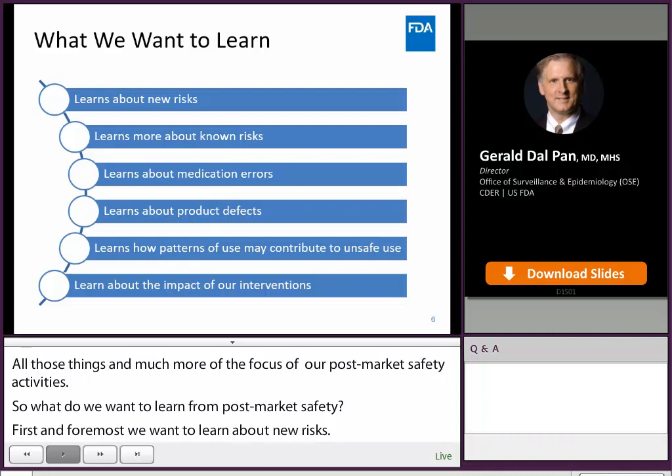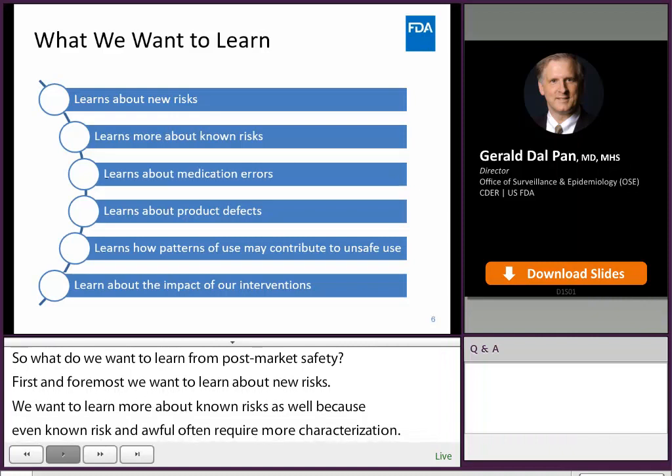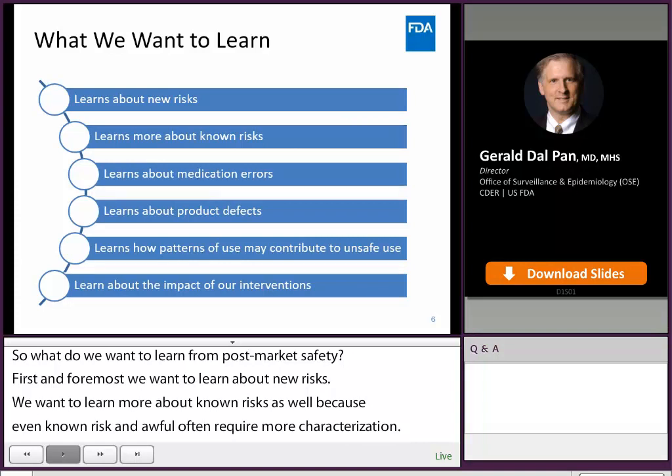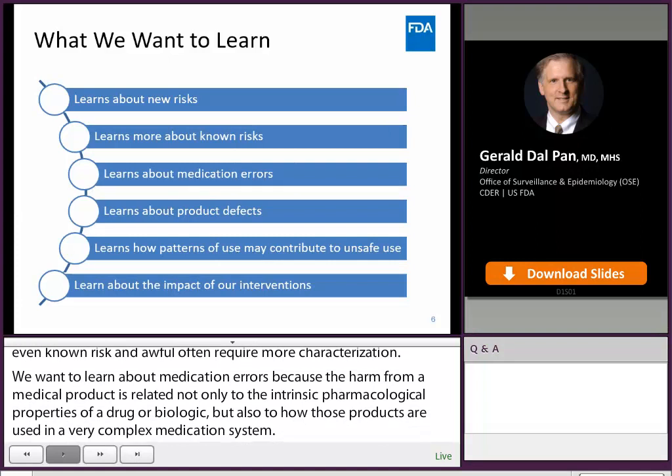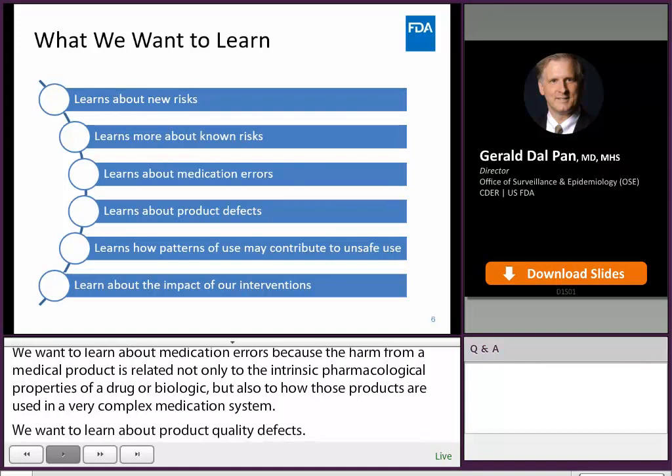We want to learn about medication errors because the harm from a medical product is related not only to the intrinsic pharmacological properties of a drug or biologic, but also to how those products are used in a very complex medication use system. We want to learn about product quality defects. We want to learn how patterns of use may contribute to unsafe use. And we want to learn also about the impact of our interventions.